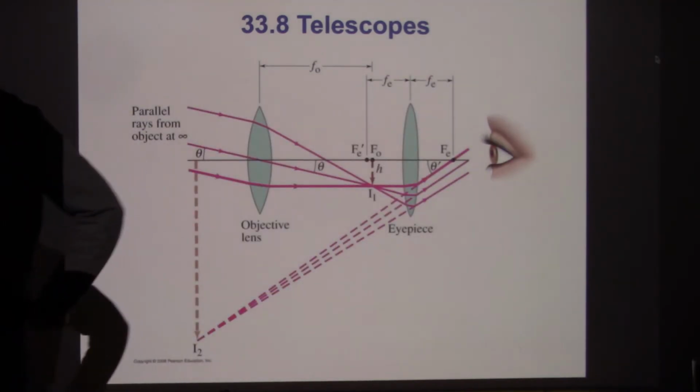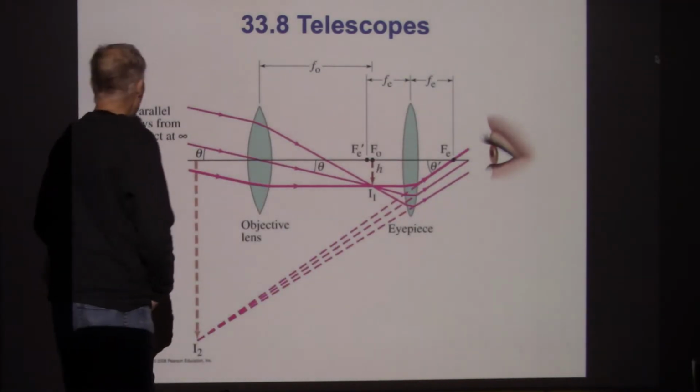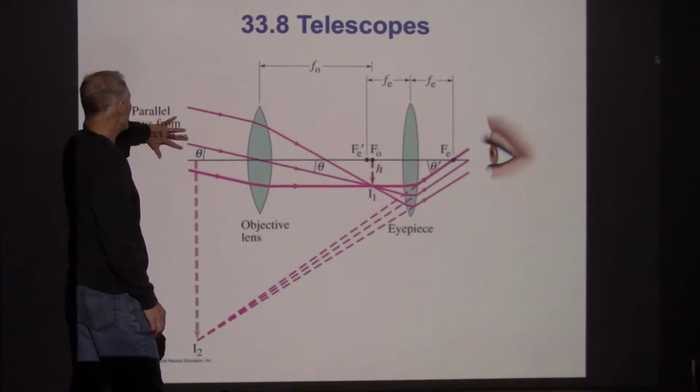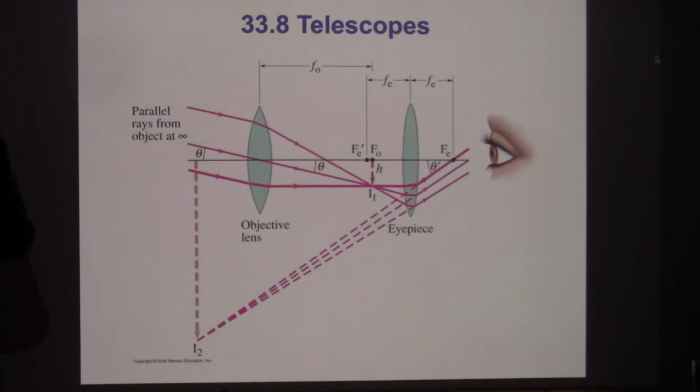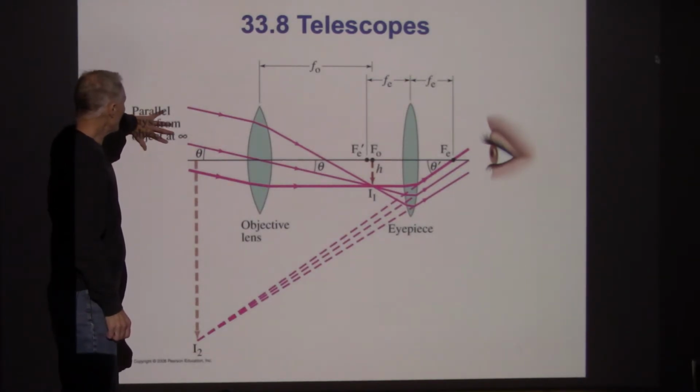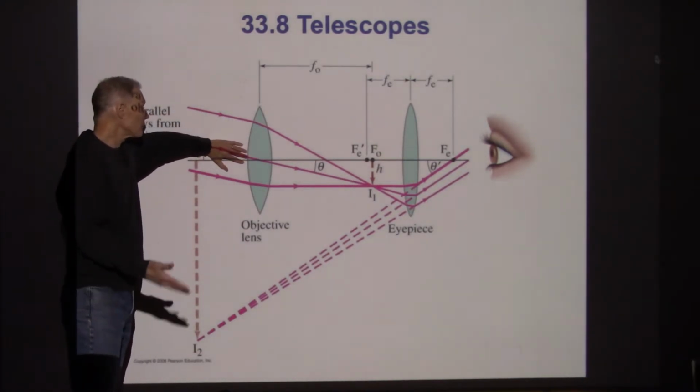Here is my telescope. There are the two lenses. And so here is the light coming in. Now, if I'm operating a telescope looking at Jupiter, for example, Jupiter's really far away. So the light coming into a telescope is coming in from a very, very distant object. And that means that the paths of the light are effectively parallel.